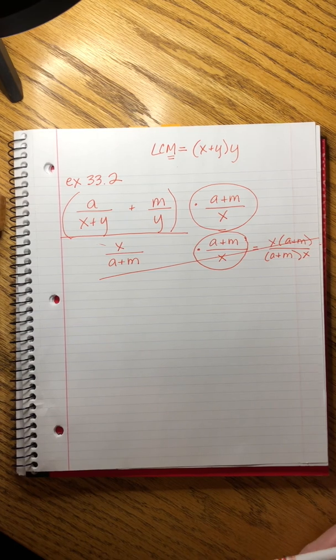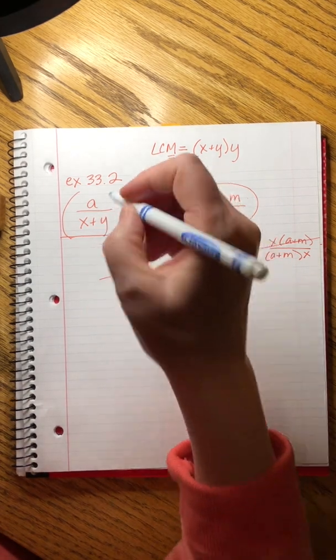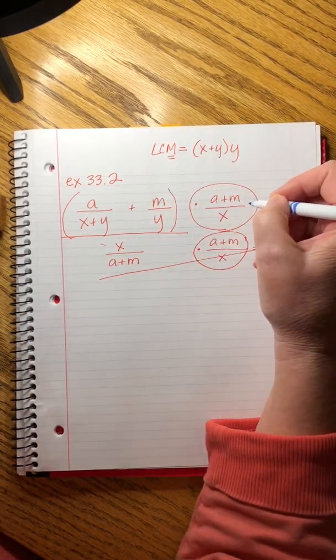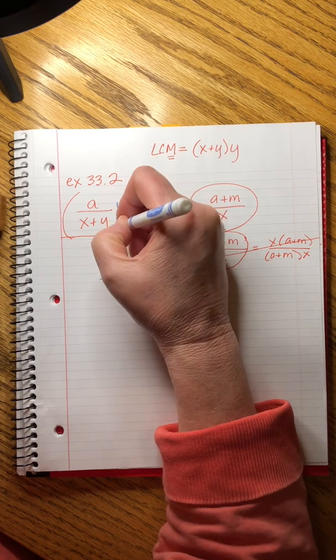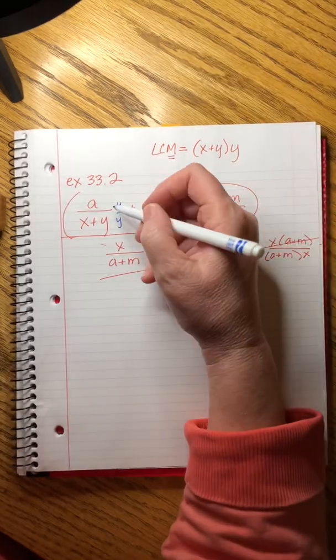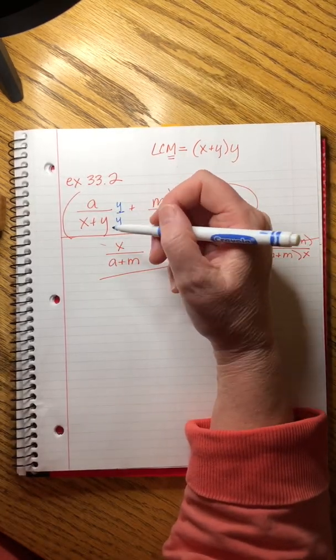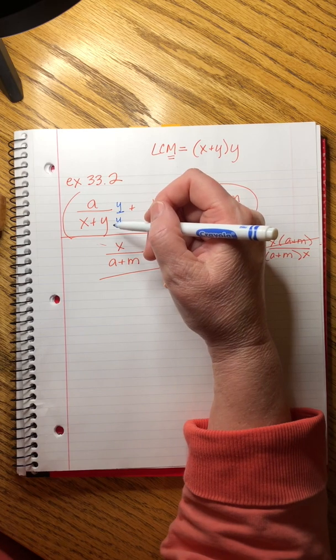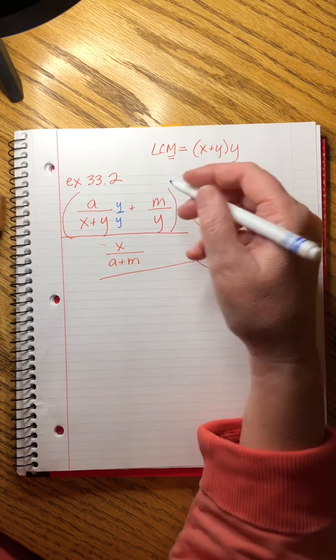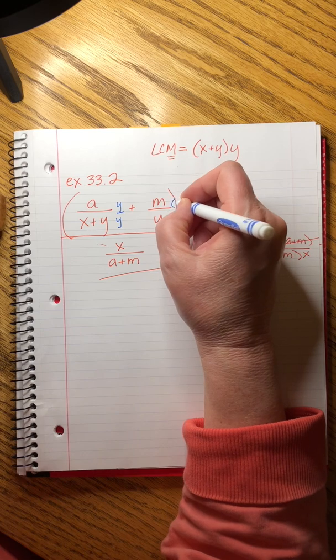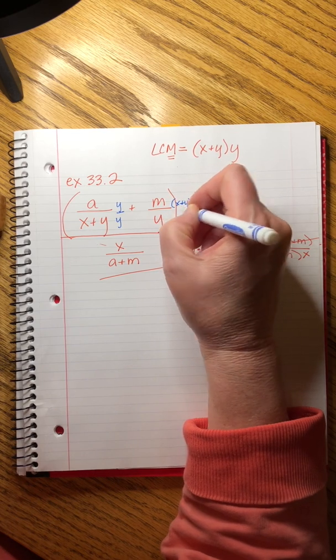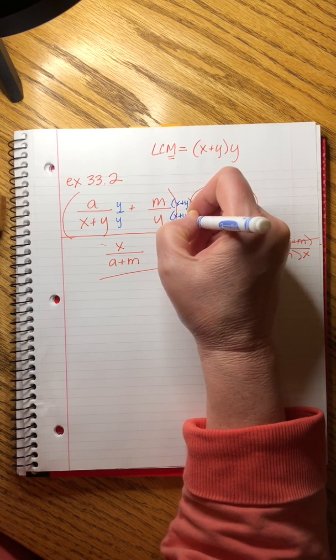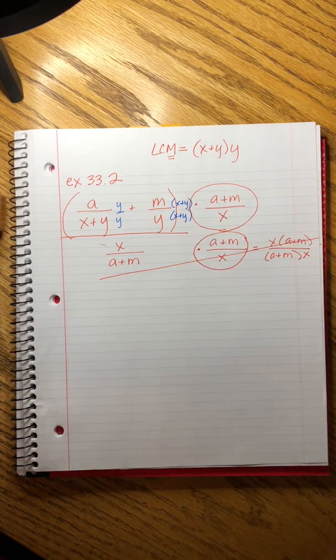So, what that means is we're going to have to multiply this side by y over y. Denominator, numerator, same quantity rule. And then this one, we have to multiply by the whole binomial business, like so, right?